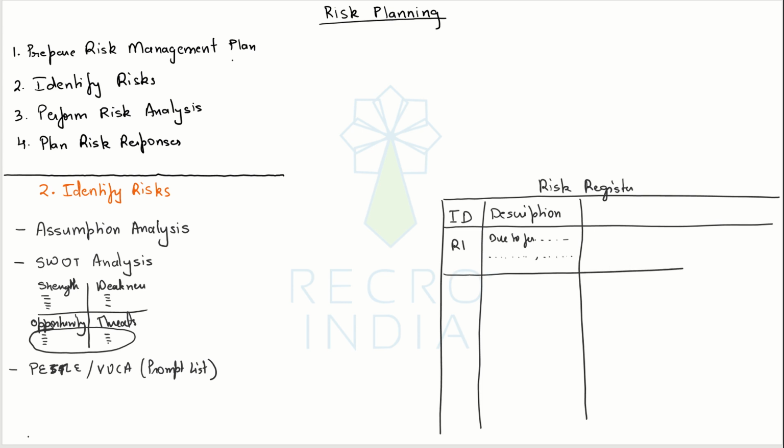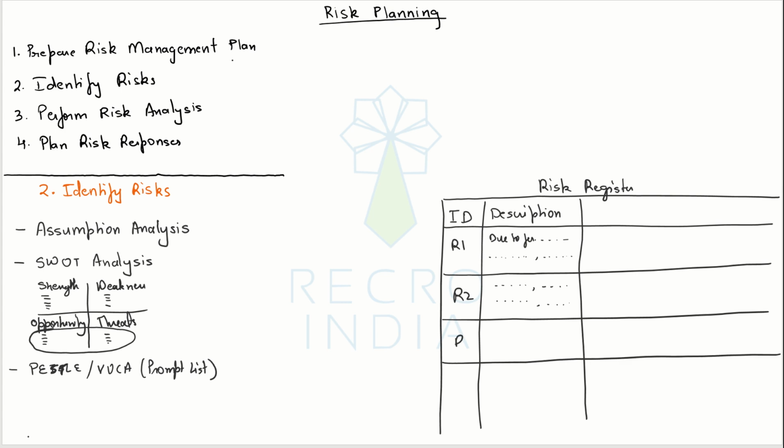So that's your first risk. Risk 2, in a similar way: due to bad weather, there could be delivery delays, leading to project delays. R3, and likewise you can just keep on adding risks in the risk register.